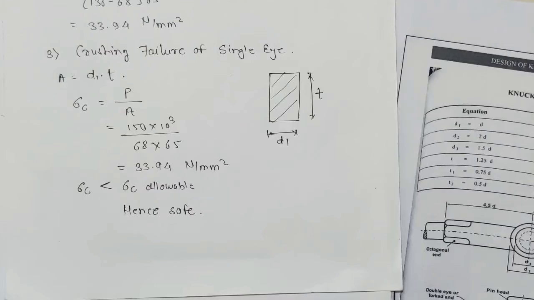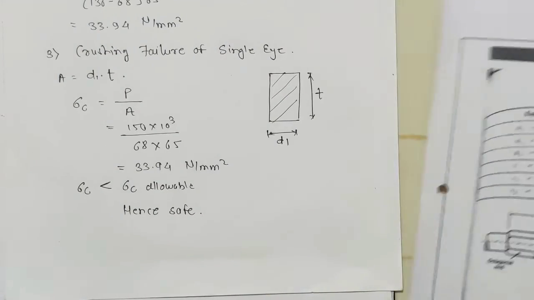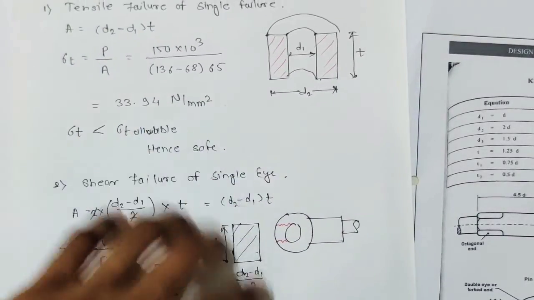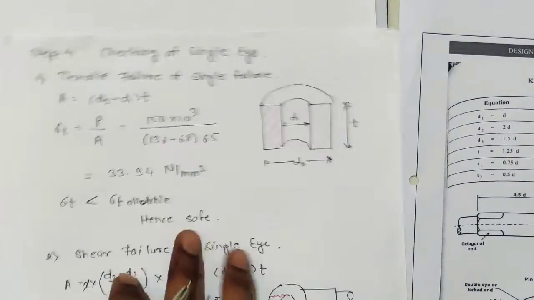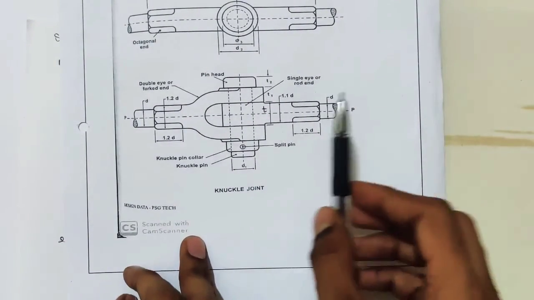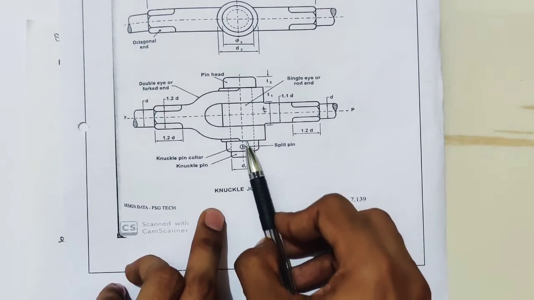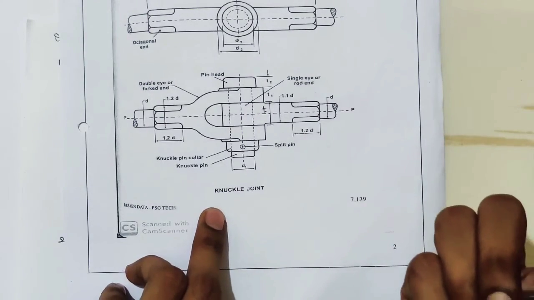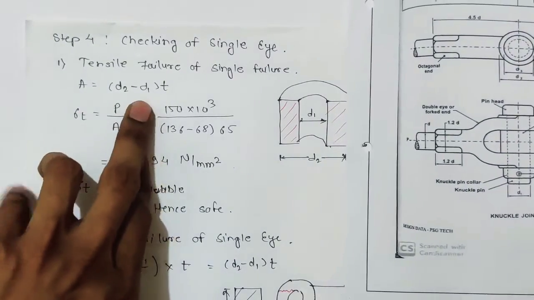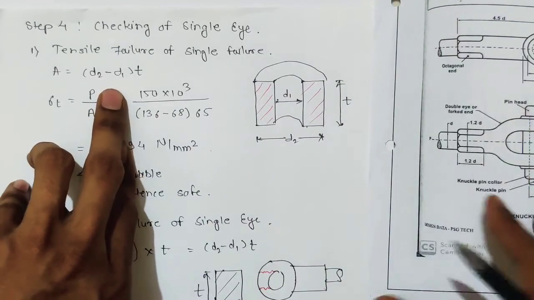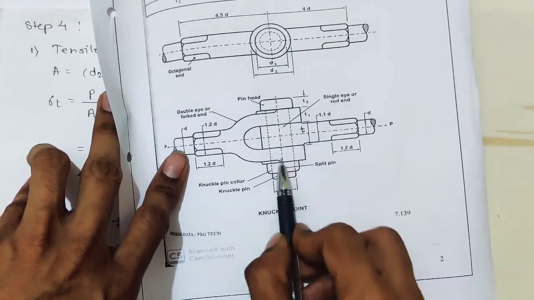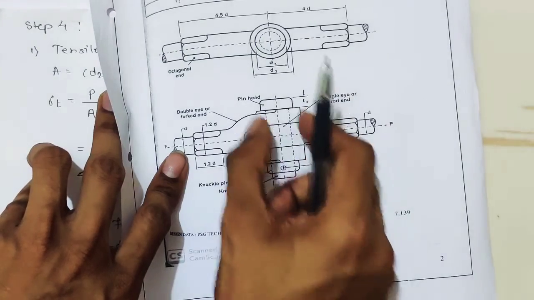Why is double eye simple? If you understood the single eye, then double eye within a few seconds you will understand. Now see what is the difference between double eye and single eye. In double eye we have two eyes, in single eye we have one eye. So whatever area we got, we are going to get two areas, because here if we have a single area, we have here two areas with the same diameter.